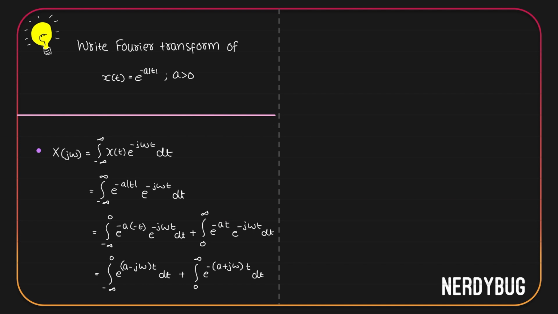We can easily integrate them. Integrating the first term, we get 1 by a minus j omega e raised to minus j omega t, limit is from minus infinity to 0, plus integrating the second one, we get 1 by minus of a plus j omega e raised to minus of a plus j omega t, giving the limits from 0 to infinity.